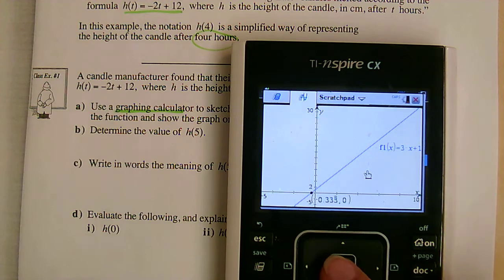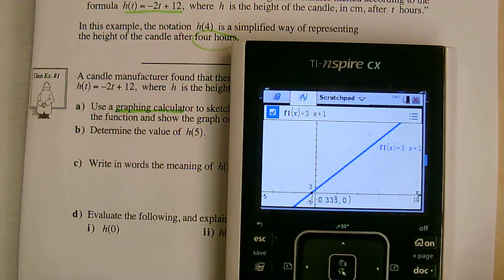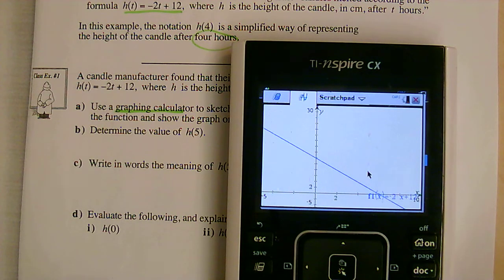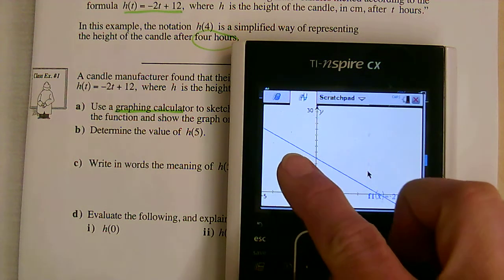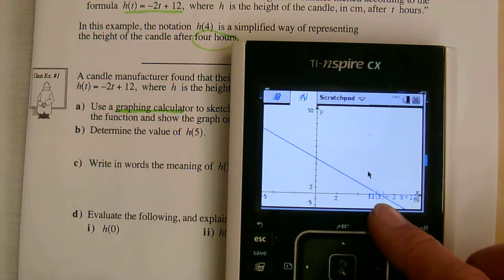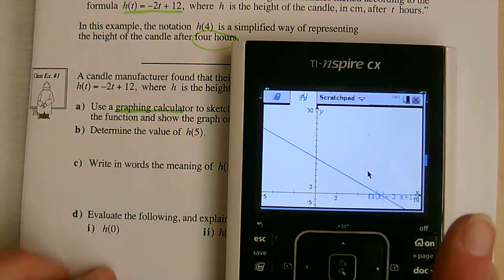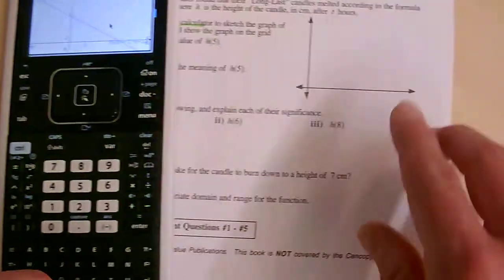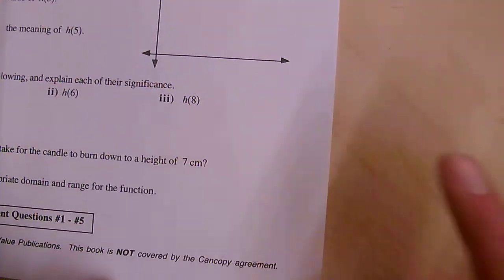So I'm going to clear this, then put in negative 2x plus 12. This makes sense that it's going down because the height of the candle is going down as it burns. I'm just going to move this around so that I can graph it.